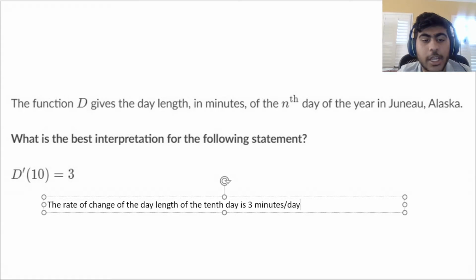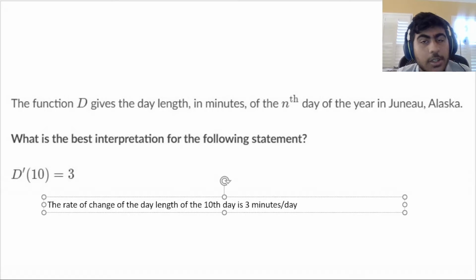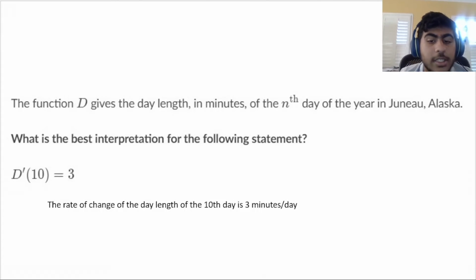Every day it changes by, or at least on the 10th day, we can write it like this: on the 10th day, the instantaneous rate of change of the day length is 3 minutes per day. That's what this statement means.